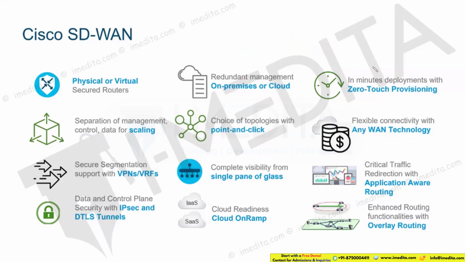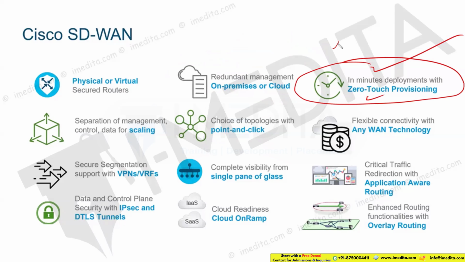Now, zero-touch provisioning, minutes deployment with zero-touch provisioning. That is very useful, especially for the branches. If you are onboarding a new branch, generally you would ask your field engineer, FE, to make the configuration on your branch routers. But with SD-WAN, all you need to ask your FE is to make the cable connections and power on the box.